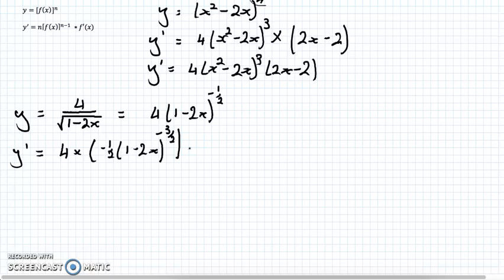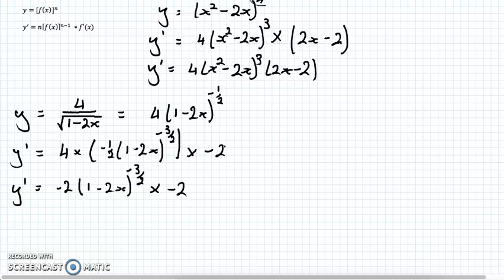Whew, that's looking big. Then we've got to times it by the derivative of this. So what is the derivative of this one here going to be? It should be minus 2. So this is looking ugly, let's simplify it. Y dash is equal to 4 times minus a half is going to be minus 2, times 1 minus 2x to the power of minus 3 on 2, multiplied by minus 2.